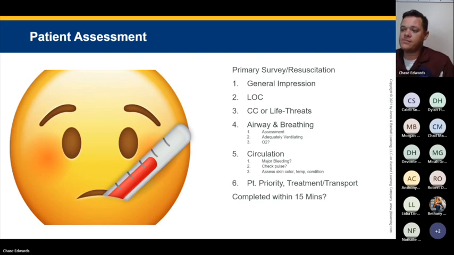And next, we're gonna assess the circulation. I'm gonna look at the skin color, temperature, and condition, and check the pulse. So circulation, no active bleeding at this time. Upon your pulse check, you have rapid and weak pulse. Your assessment of the skin is warm and dry at this time. All right.